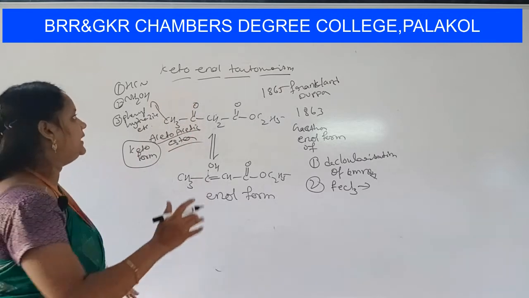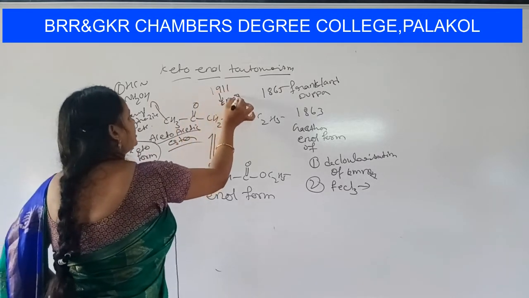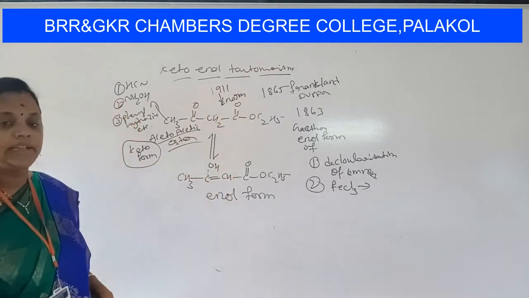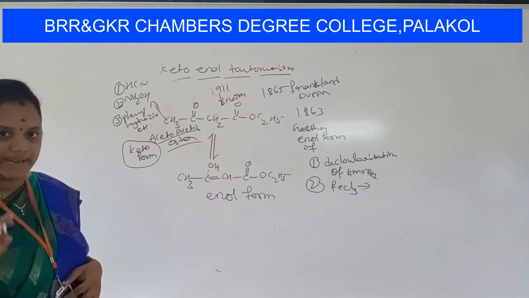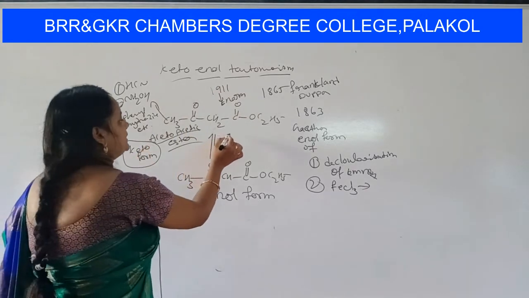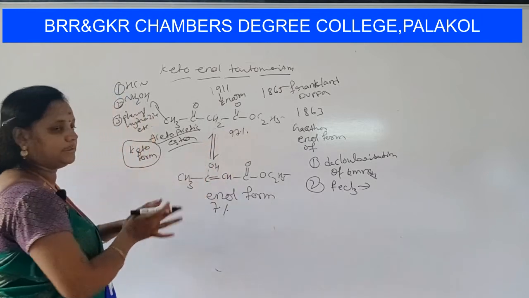Finally, in 1911, the scientist Knorr confirmed that both these structures of acetoacetic ester are correct, but this is 93% formed and this is only 7%.